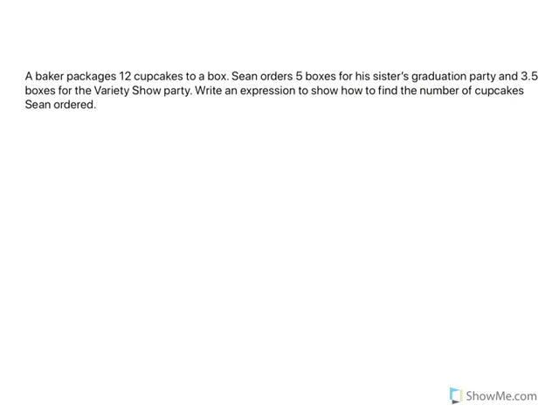So question number 1, it talks about how a baker packages 12 cupcakes to a box. Sean orders 5 boxes for her sister's graduation party and then 3.5 boxes for the variety show party. It says to write an expression to show how to find the number of cupcakes that Sean ordered.